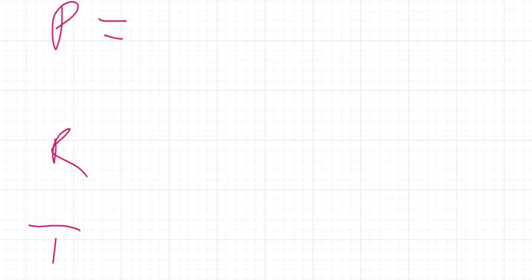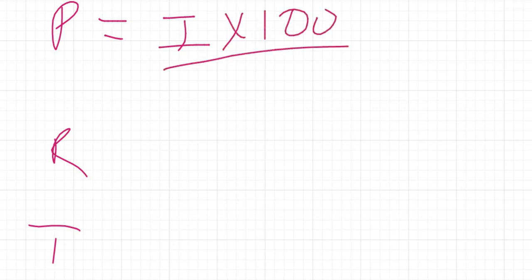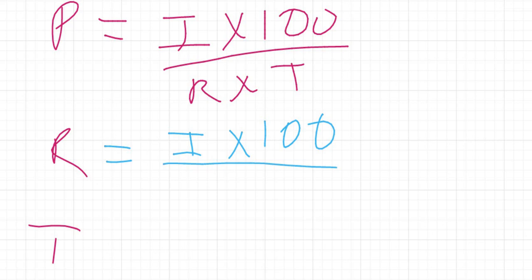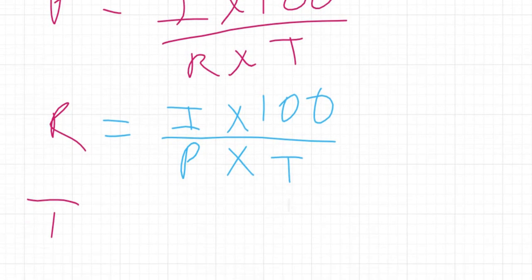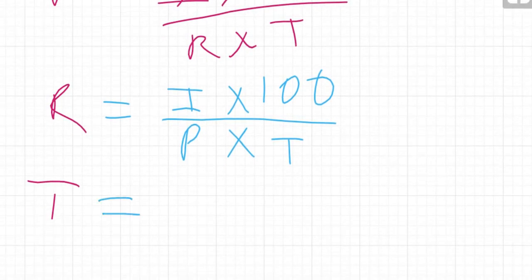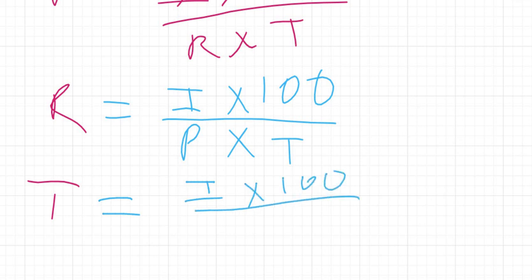The formula for the principal is the interest times 100 divided by everything except the principal, which would be R times T. We do the same thing for the rate: it would be the interest times 100 divided by everything except the R, so principal times T. And for the formula for time, it's basically the same thing, divided by everything except the T.